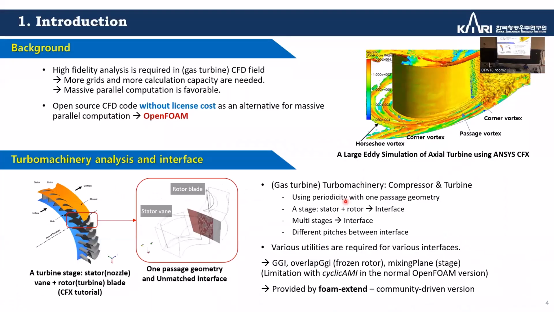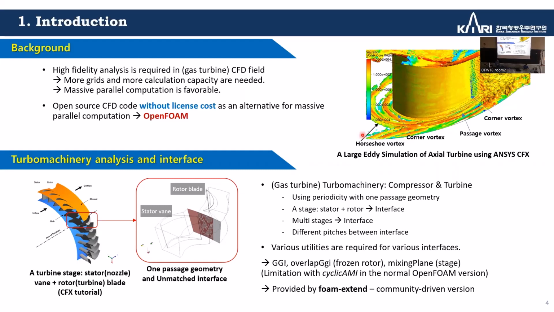In the CFD field, including gas turbines, high fidelity analysis is required, which means more grid and more calculation capacity are necessary. In this example, if you use large eddy simulation, you need lots of grid and many computer resources.